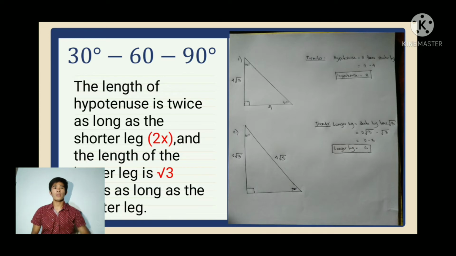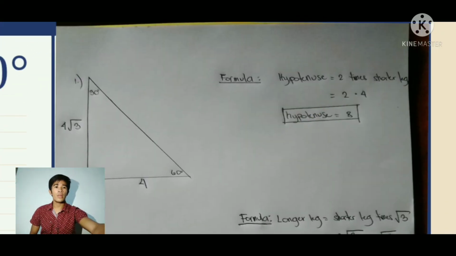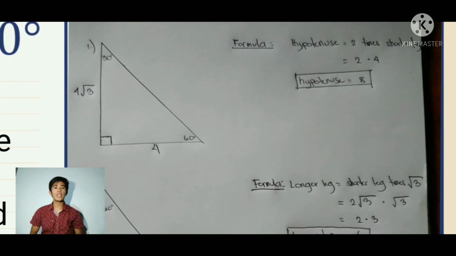So, example, para po mas klaro. We'll give you an example. So, for the first example, first, we will identify where the shorter leg and the longer leg are. So, para po mas malaman nyo, look first at the 30 degrees.